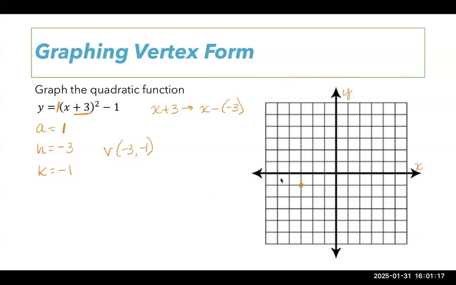And then if I decide to use x equal to negative 2 and x equal to negative 1, when I put negative 2 into my equation, negative 2 plus 3 is 1, 1 squared is 1, minus 1, that's going to give me a 0. So negative 2, 0 will be a point.